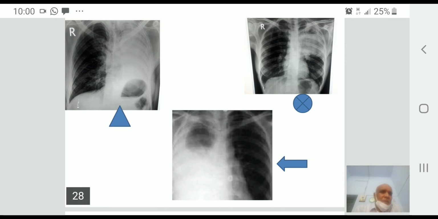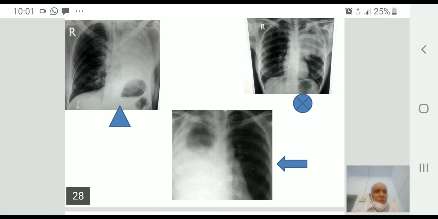Second X-ray with a round shadow having radio dense opacity but no lung volume reduction, as seen looking at both domes of diaphragm.